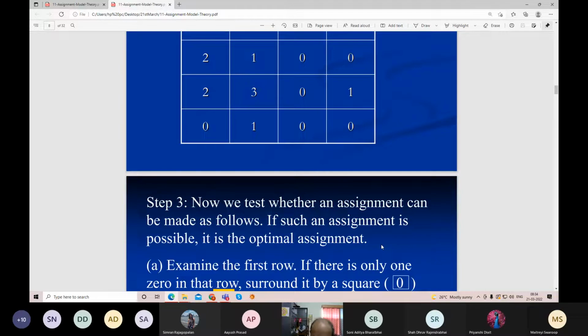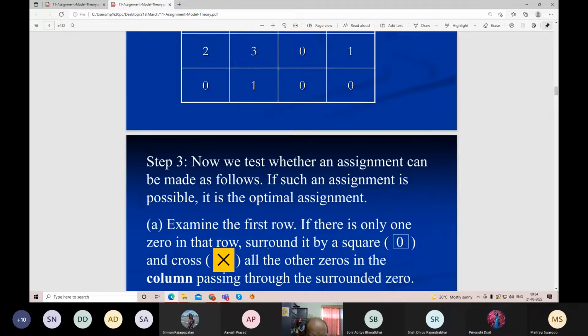Okay. Say, how do we assign? Examine the first row. If there is only 1 zero in that row, then assign that 0 with a square, and cross out the other zeros in that column.